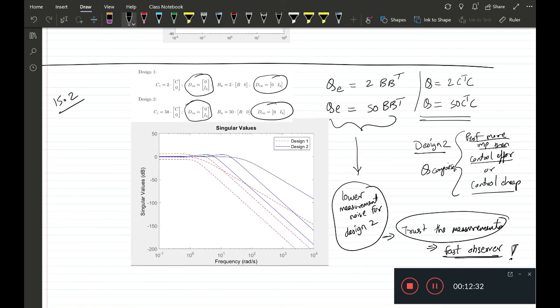So with the combination of these two things, we would in general have a much faster controller for design 2 and a much faster observer for design 2.